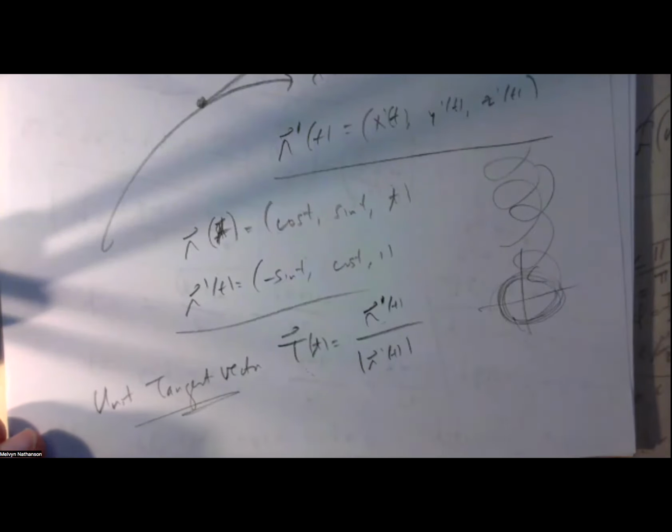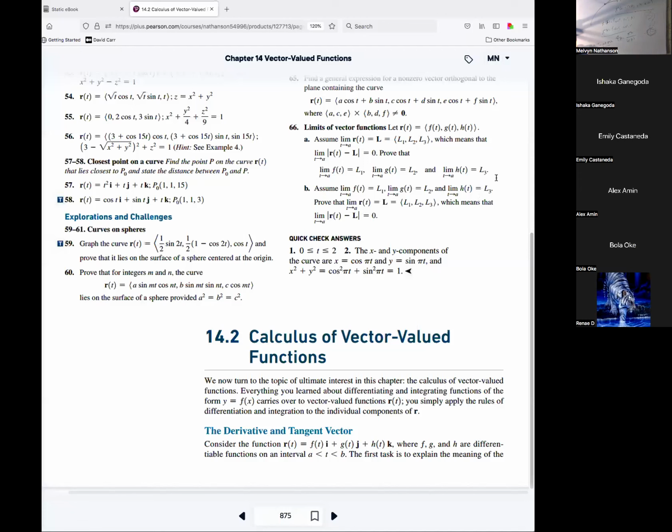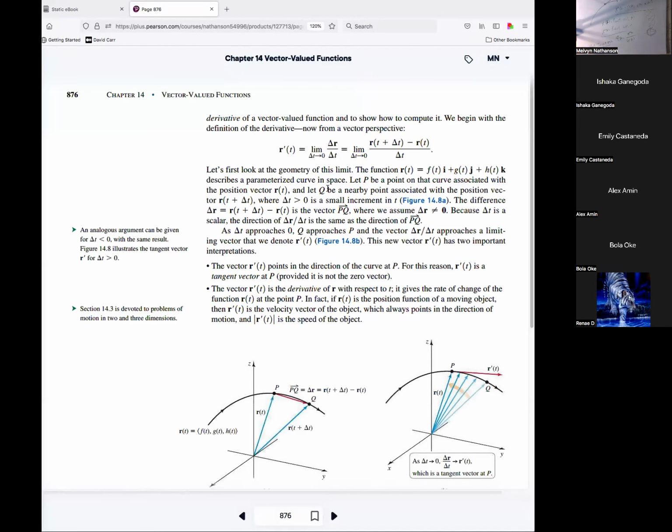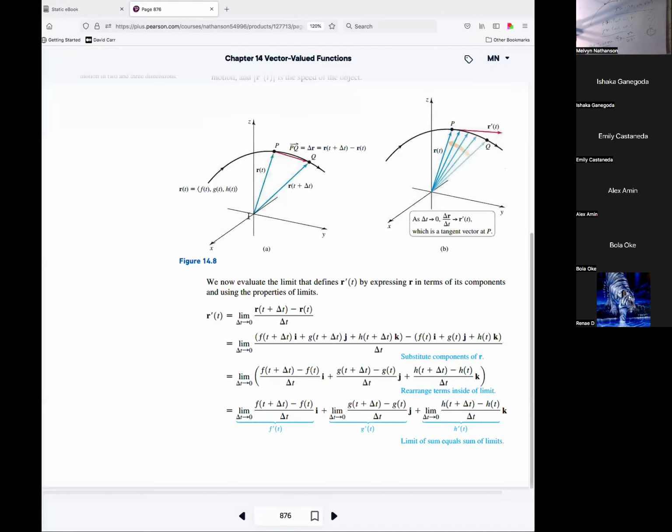So let me go share the screen with the text, and then it's much easier to see. Here is the same picture I tried to draw by hand, but of course it's much clearer here.